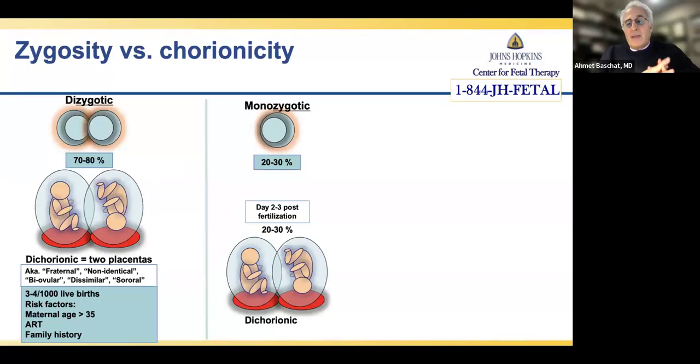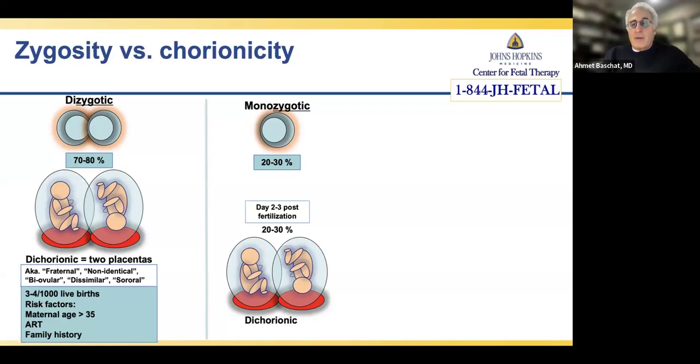The first thing to understand is that there's a fundamental difference between a dichorionic and monochorionic placenta. If a twin pregnancy arises from two fertilized ova, you have a dizygotic twin pregnancy, which by default will have two placentas and two amniotic sacs.